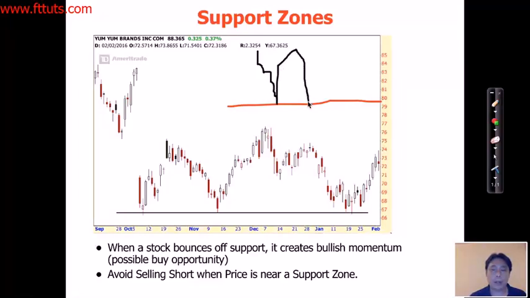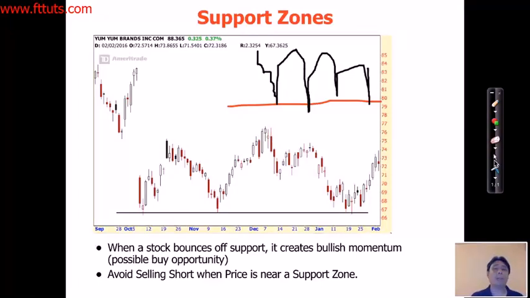Sometimes it may touch and go out a bit, and sometimes it doesn't even touch. So you've got to give a bit of buffer above and beyond that line. It's a zone. And how do you draw the line? You draw it where it touches as many points as possible. You draw the line of best fit.